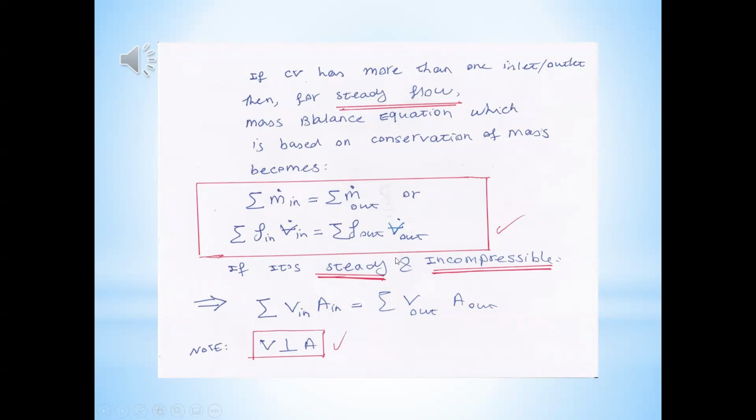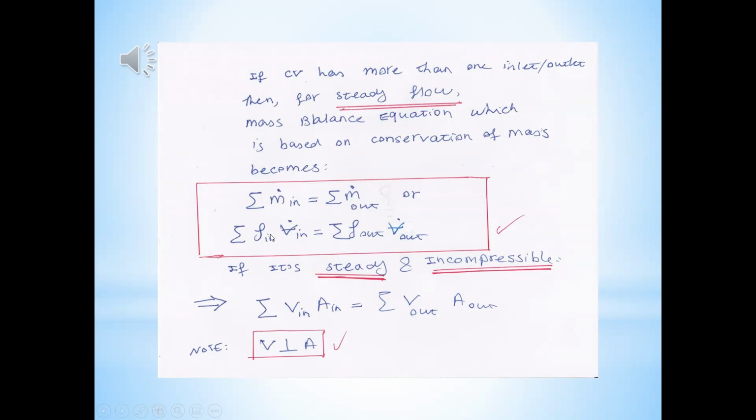So for a steady flow, the summation of all the mass flow rates through the inlets should balance the summation of all the mass flow rates through the outlets. You have to take the summation through all the inlets and through all the outlets. So all the fluid coming in has to leave. We substitute for m dot and write it in terms of density times volume flow rate.